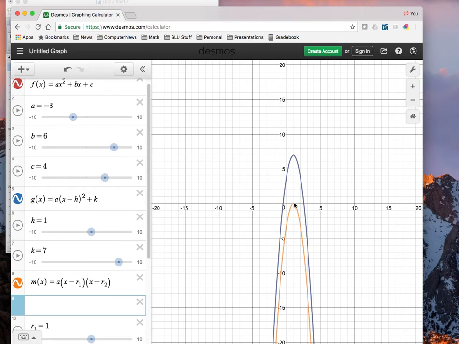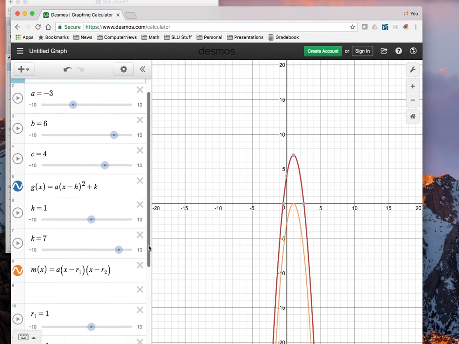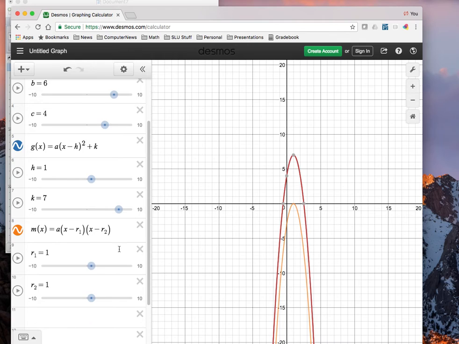And now my roots are at ugly numbers, x is 2.53 and minus 0.53, r1 and r2. So 2.5 and minus 0.5. And that gives us about the same equation.